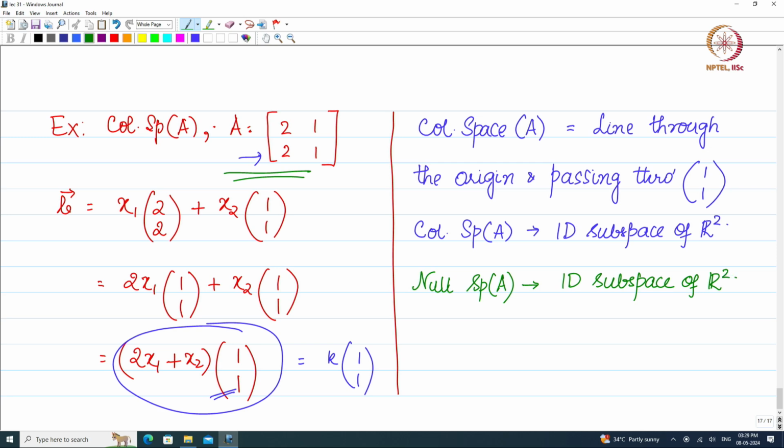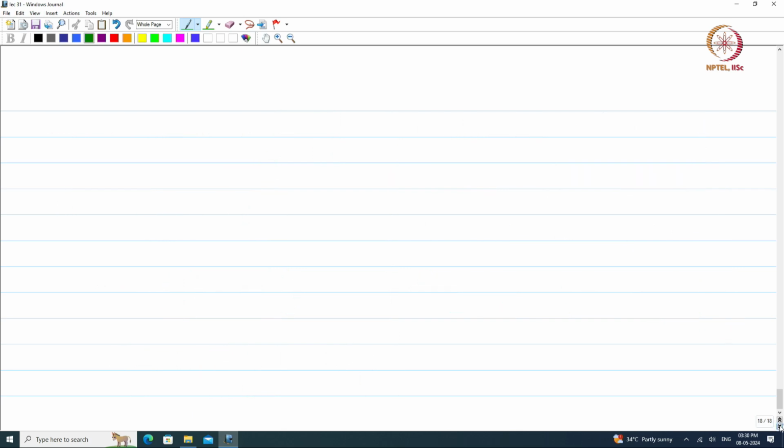That was also a line passing through the origin and through the point (1,-2), right. So we just have this in mind, we will come back to this a bit later. So the column space is a one dimensional subspace of R2, and the null space is a one dimensional subspace of R2 in this case.